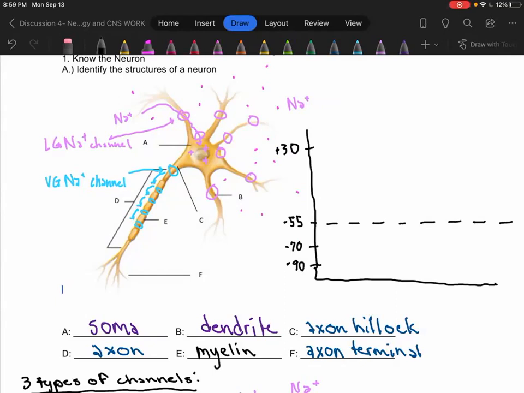So what we started off with was that cell at rest. And then once those ligand-gated sodium channels opened, what happened was something like this. We started to step up to threshold. And what we call these steps up is excitatory postsynaptic potential.